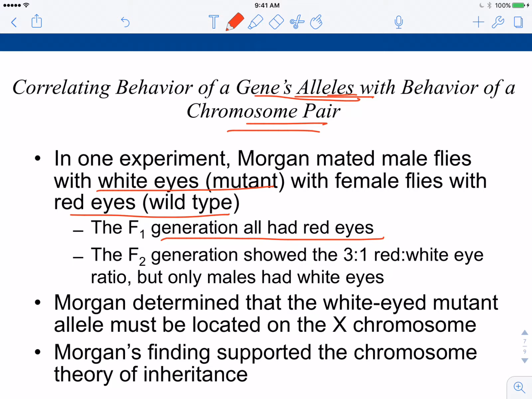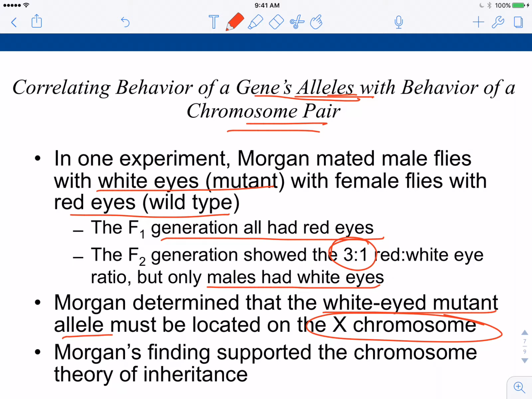The F2 generation had a typical 3-to-1 phenotypic ratio, red eyes to white eyes, following normal laws of dominance, but only males had white eyes. Out of about 1,000 flies, there were no females with white eyes in the F2 generation. This was fishy to him. Morgan figured out that the white-eyed mutant allele must be located on the X chromosome. It was the only thing that could explain that type of inheritance.